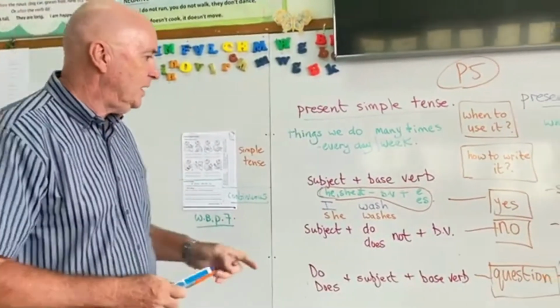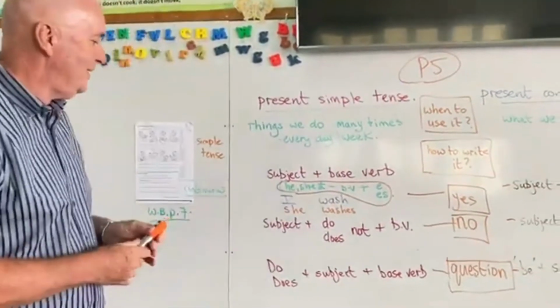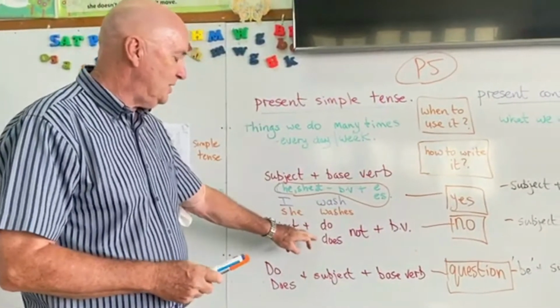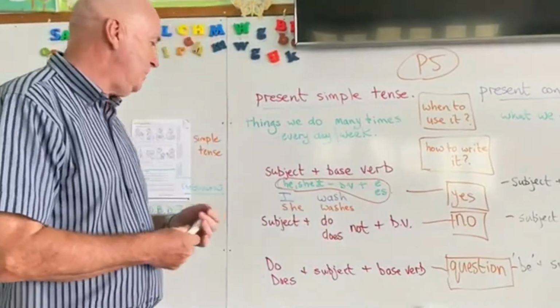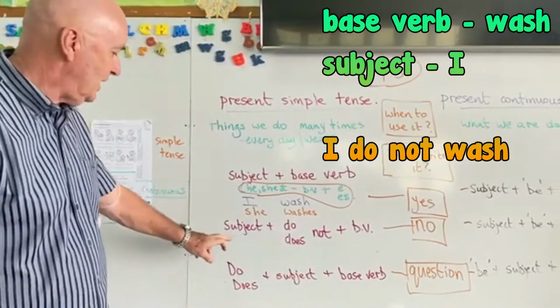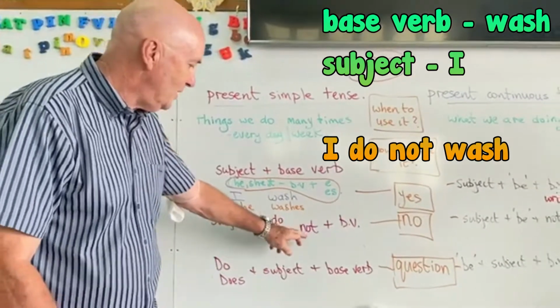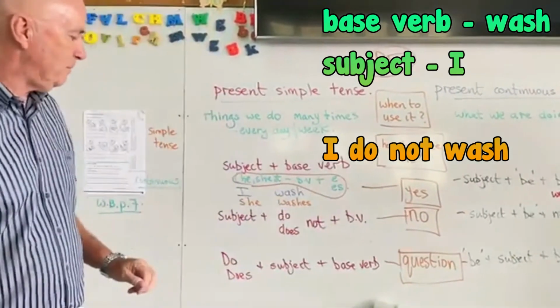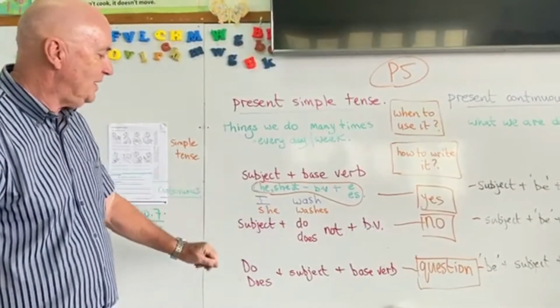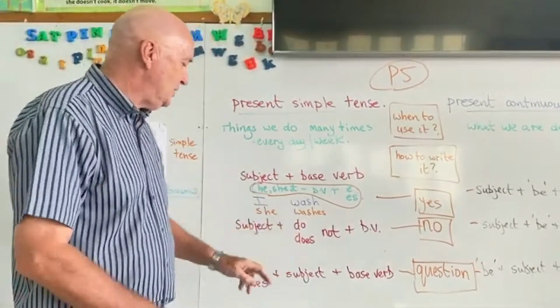Okay? If we're going to say no, then it's the subject, do or does, not, and the base verb. So if the subject is I, I would just say I do not wash. But if the subject is he, she or it, then we change do to does.